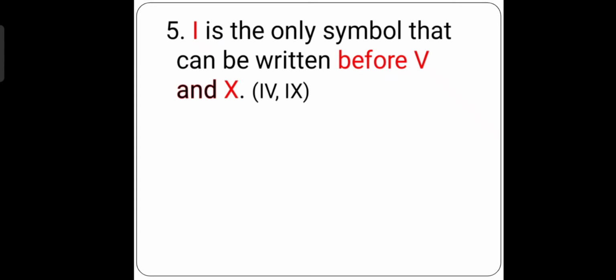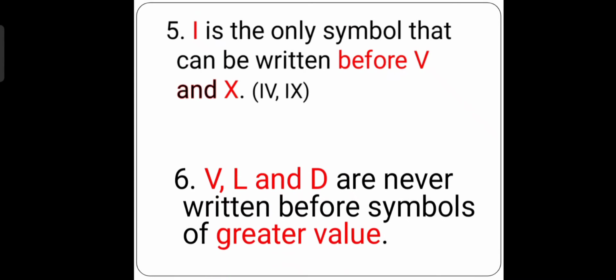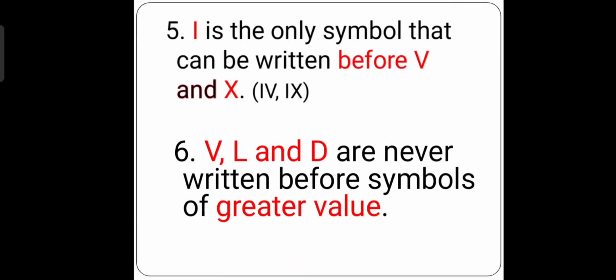Another rule is that V, L, and D are never written before symbols of greater value. So, these letters, letter V, letter L, and letter D, we do not write before symbols of greater value.